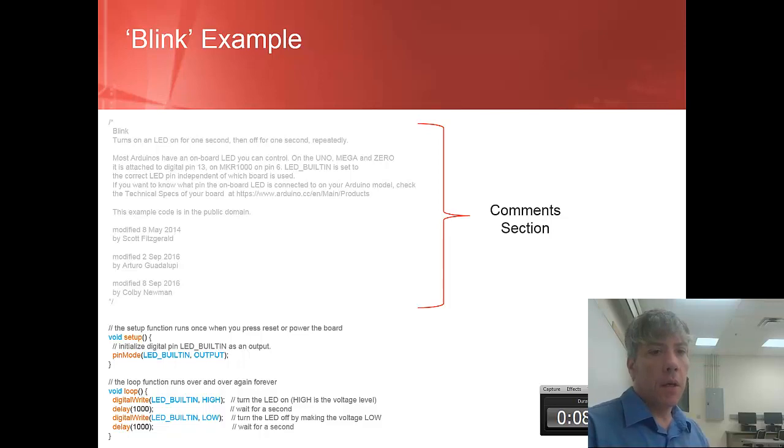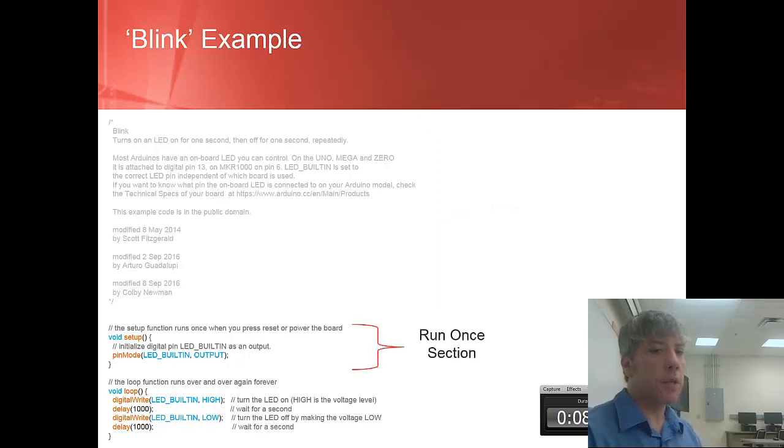The next section is a section of code that all Arduino programs have, that is run once. And just like in C, the motif here is functions. So everything's a function, and you can call functions and make them run.